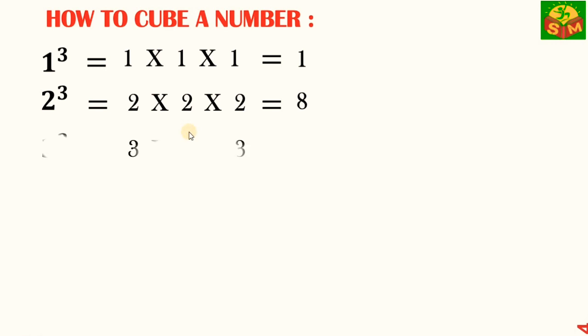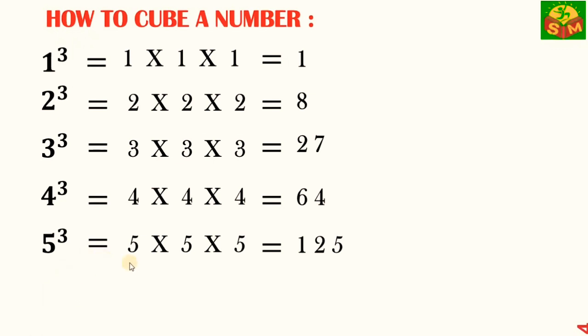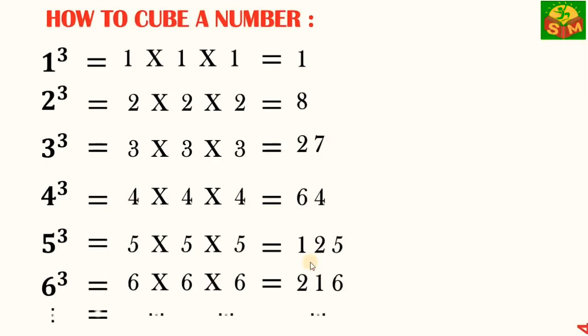Similarly 3 cubed is 27. And for 4 cubed, 4 multiplied by itself 3 times gives us 64. Similarly, the cube of 5 is 125, the cube of 6 is 216 and so on.